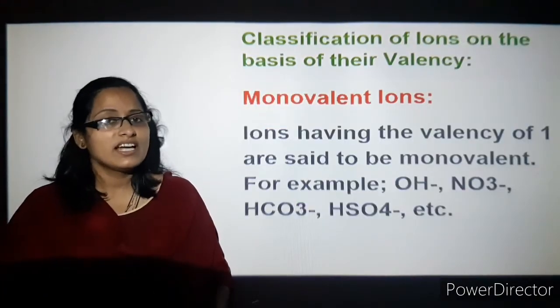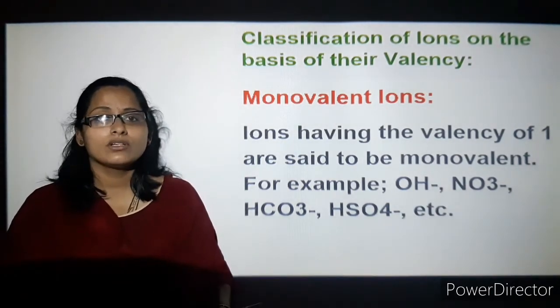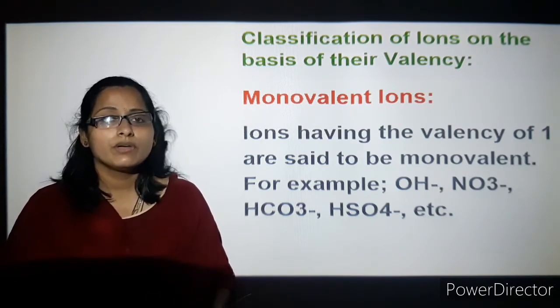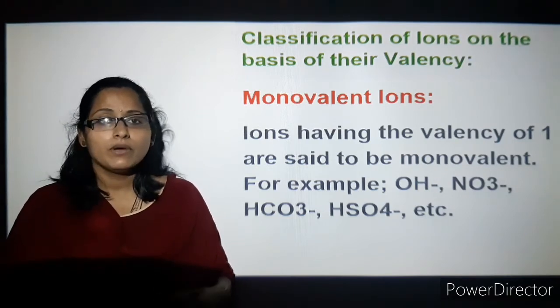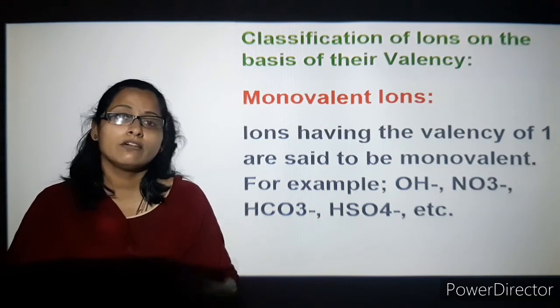Let's learn about the classification of ions with respect to their valency. I had told that the valency of an atom or an element can be 1, 2, 3, 4, 5, 6, 7, 8. But we can see that only valencies 0 to 4 are present. Don't get confused.